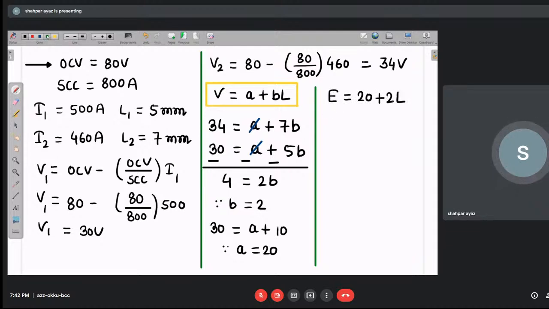EMF or voltage, whatever you write, E is equal to 20 plus 2L. Is that clear, everyone? Is this clear, my dear? Good. I hope this is clear. Now the next important part of discussion. See, guys, is that clear, everyone?